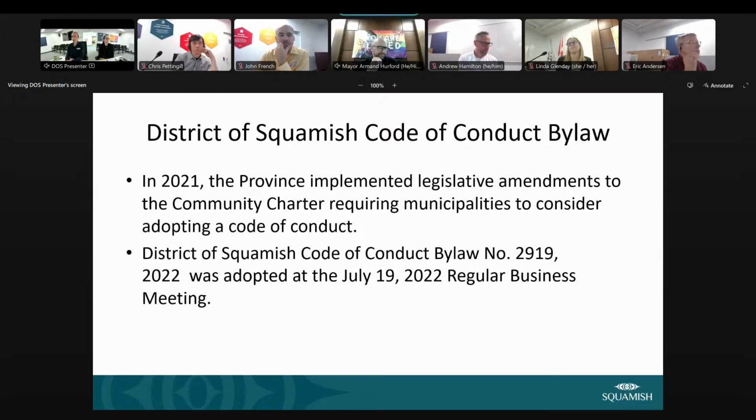A little bit of background on the Code of Conduct Bylaw. In 2021, the province implemented legislation in the Community Charter that required municipalities to consider adopting a code of conduct. District of Squamish Code of Conduct Bylaw number 2919 was adopted July 19th, 2022.